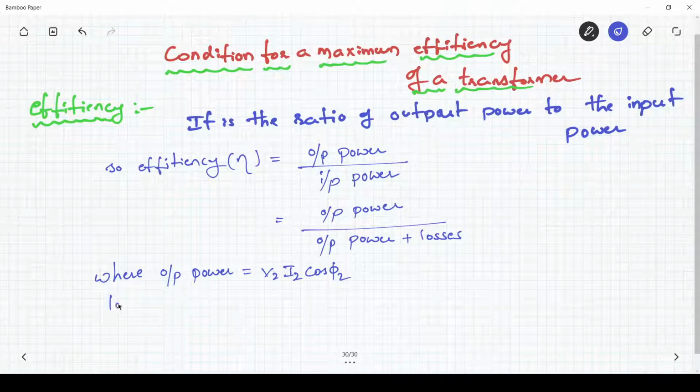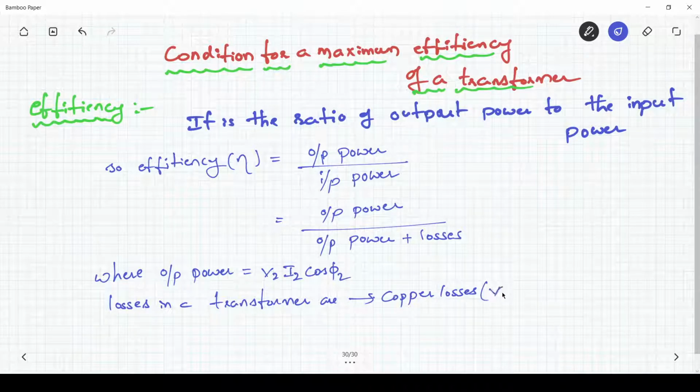What are the losses in a transformer? The main losses are copper losses and iron losses. Copper losses are variable losses in a transformer. It means these losses depend upon the load current.